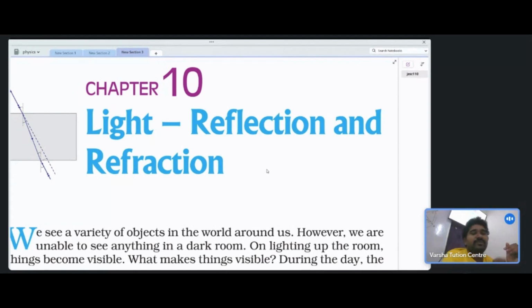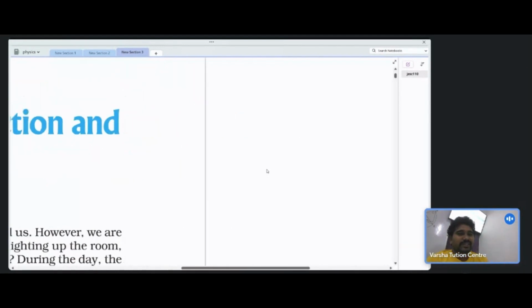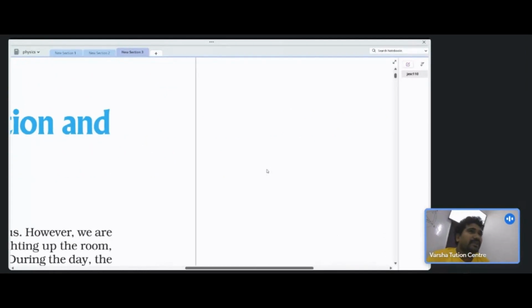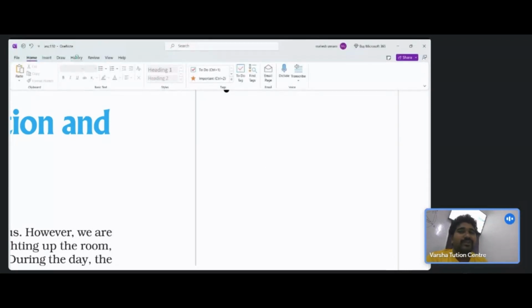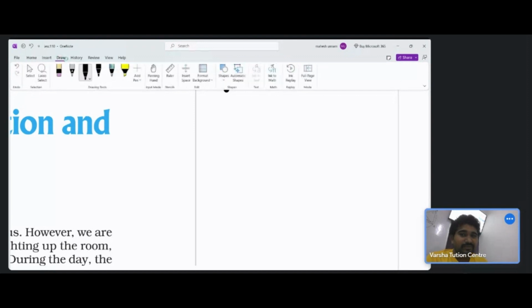Understood? Before that, first, what I said, we are having the mirror. Which mirror? Curved mirrors. Which are the curved mirrors we are having? Concave and convex. For both, whatever the mirror it is, it has the formula. What is the formula we are having?